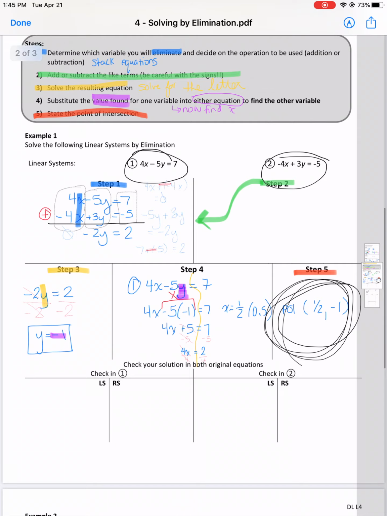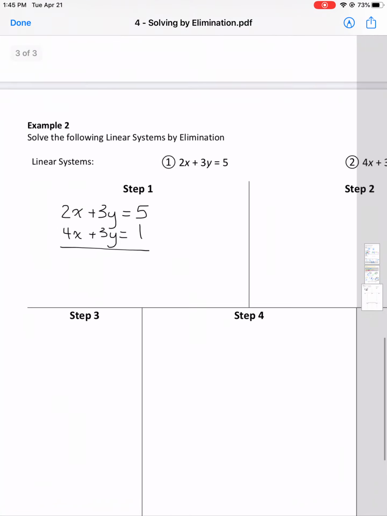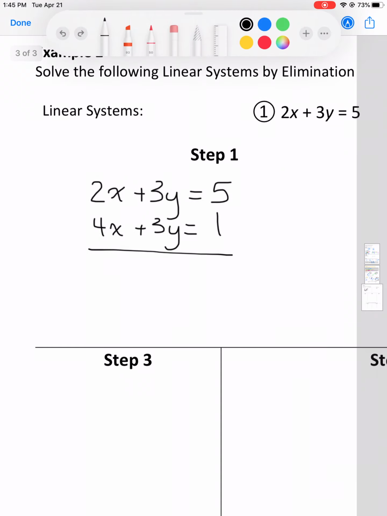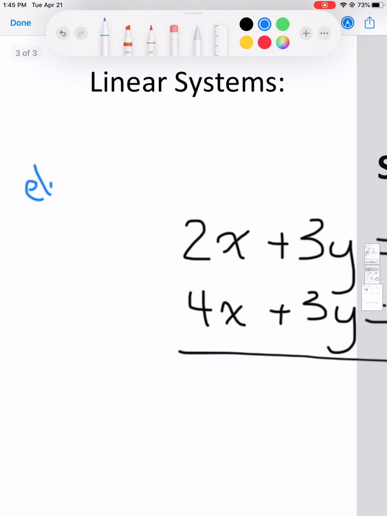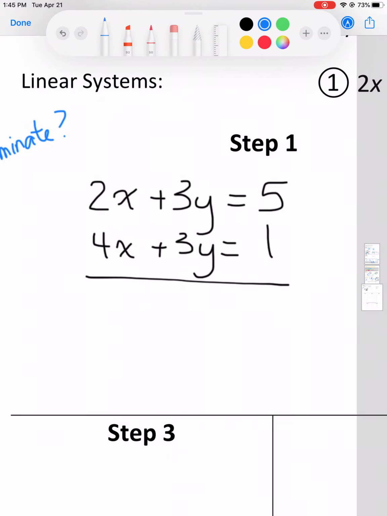So determine which variable you will eliminate and decide on the operation to be used. Okay, so what are we going to eliminate? We're going to eliminate these two, right? Because they're the same. Okay, and now are we going to add them together or are we going to subtract them?